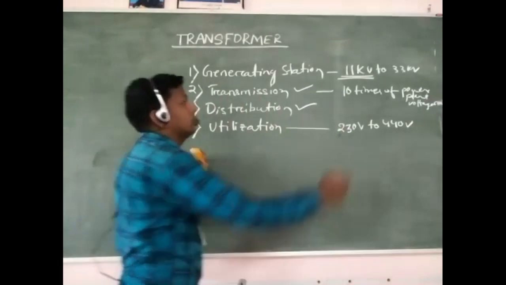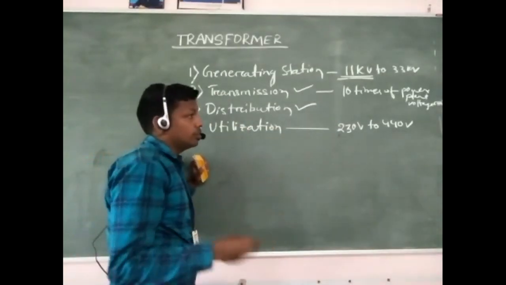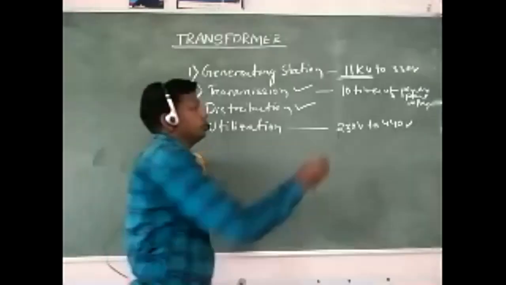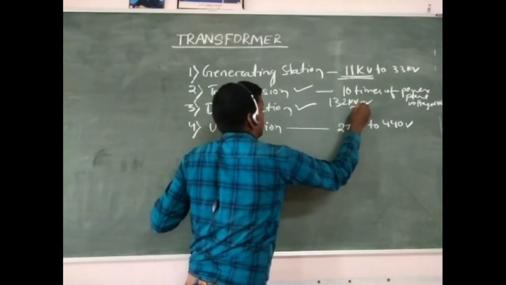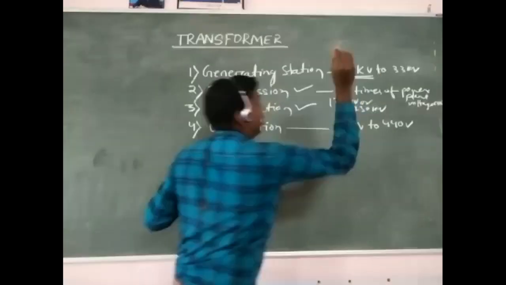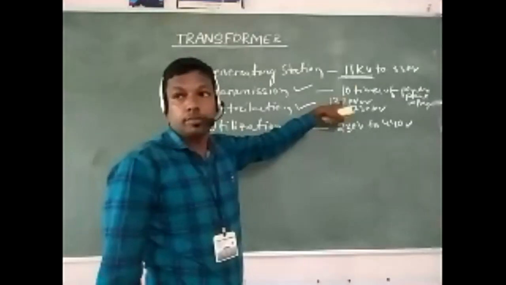That means at the power plant we have 11 kV. For the transmission line, it is raised up to 132 kV or 734 kV. So you can see that the voltage is raised up.